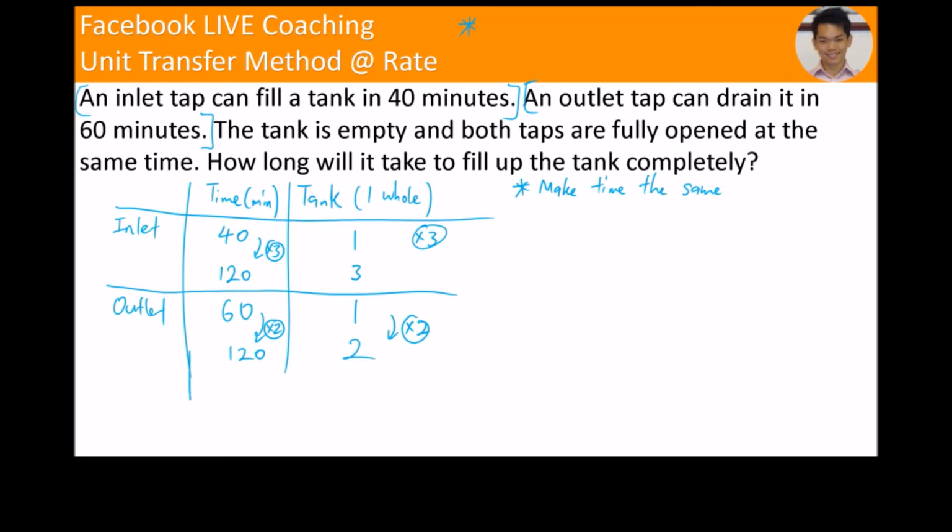So once everything has been made to a common time, we can say that the in minus out in 120 minutes will be 3 minus 2 to give you 1. So that means, because this is your objective, it's going to take you 120 minutes to fill up the entire tank. Alright?